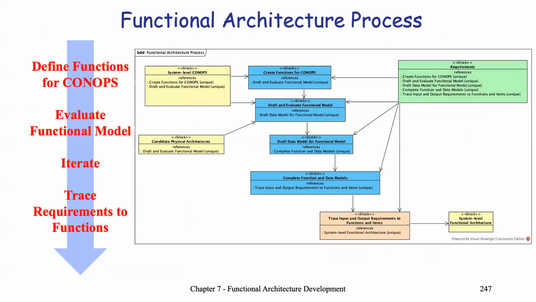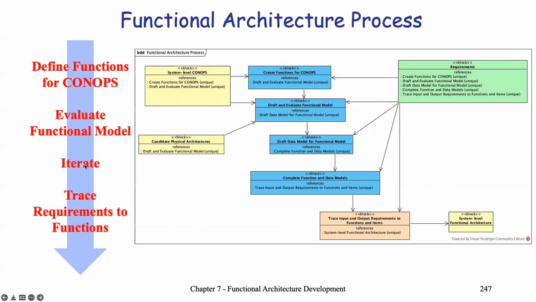So how does this start to look? We have an IDEF0 view, which will come in the next chart, but here we're using a SysML block definition diagram. And so we have this flow from defining the functions for the ConOps. We evaluate the functional model.